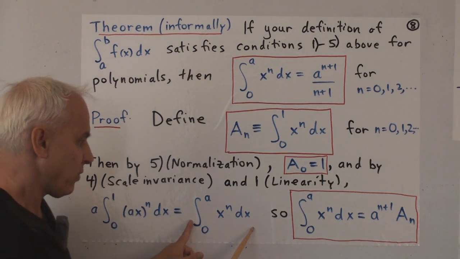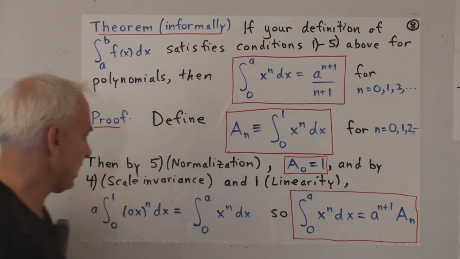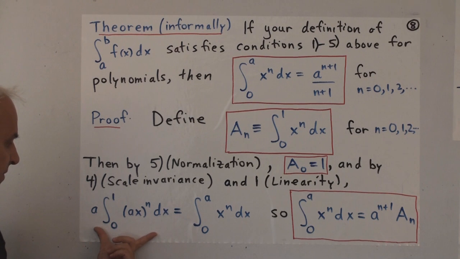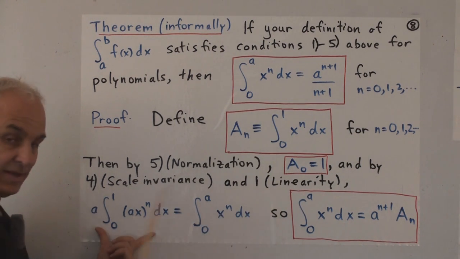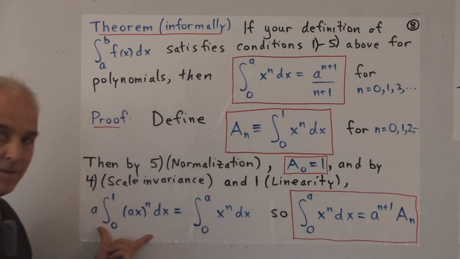So let's look at this. What we know from here is that this number, whatever it is, from this left-hand side, we can bring this a to the n out front. We can do that by property 1, the linearity property. So if we bring that out front, we get a to the n plus 1.